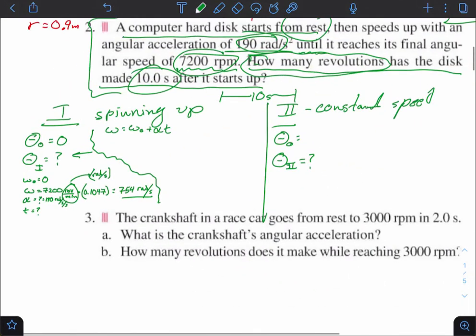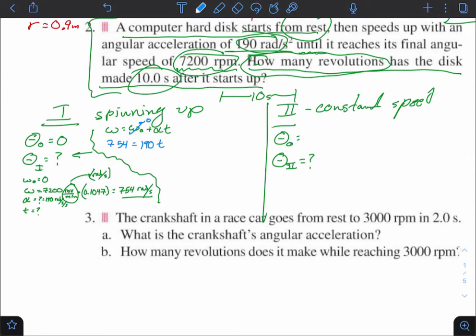Okay. And let's change colors. So we're getting up to 754. We're starting at 0. So 754 equals 190t. Fantastic. Now we know how much time is during phase 1.